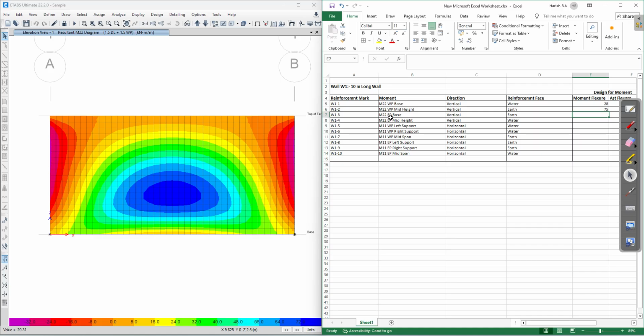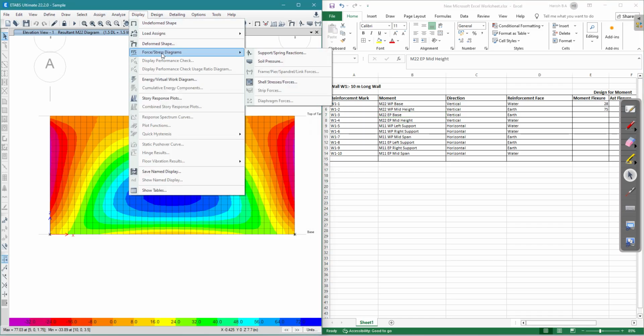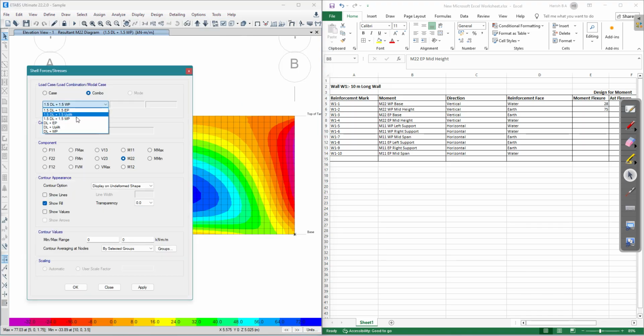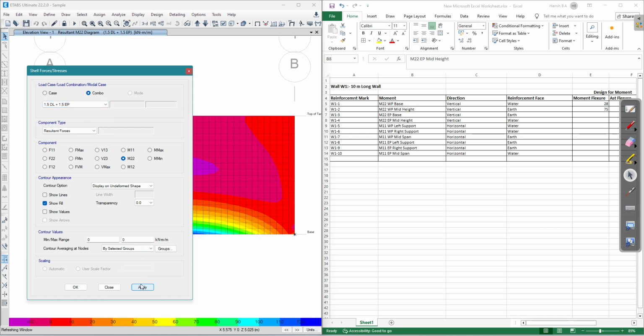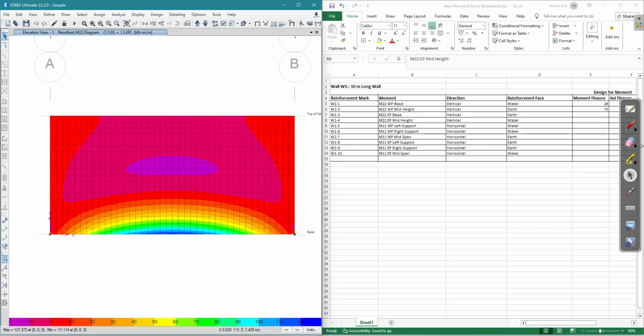Next, see here. Next is earth pressure. So you go to display, shell stresses, bar force. First you select earth pressure combination. See here.